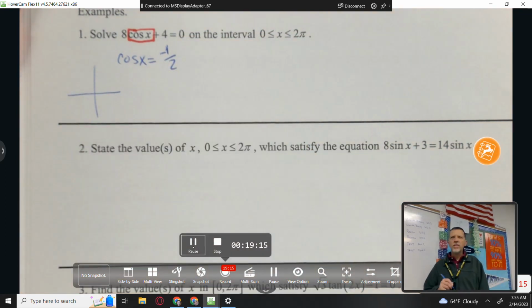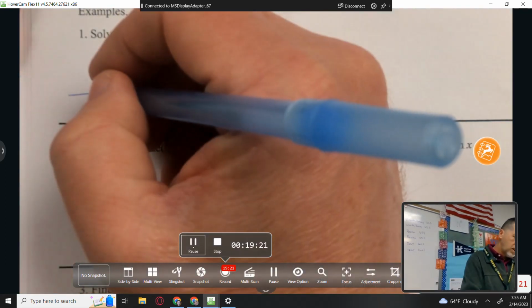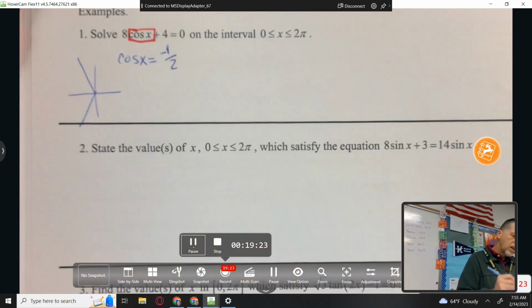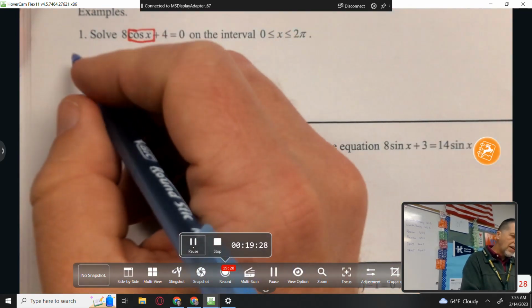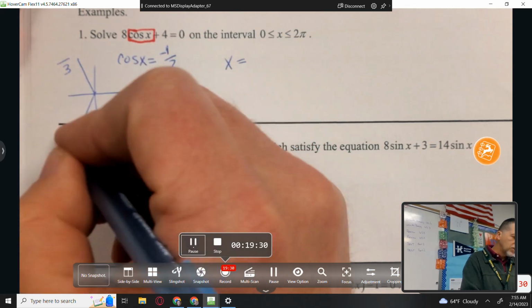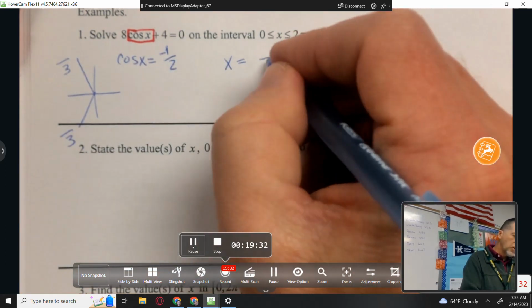All right, this is cosine is negative 1/2. That's in the second and the third. And the 1/2 is the over 3 angles. So it's something over 3.